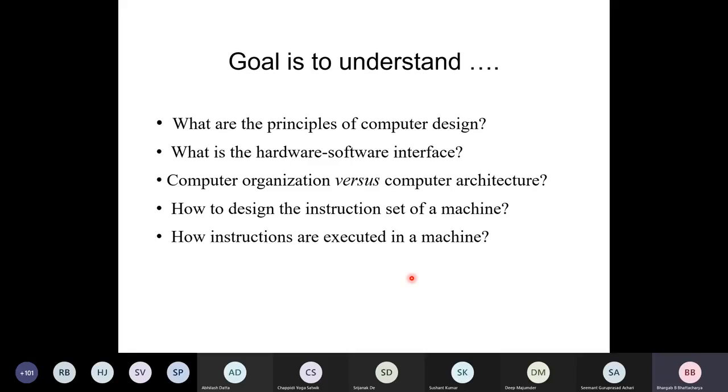So we encounter another fundamental question. Given an instruction set of the machine, like the assembly language instruction set, consider one instruction set, how will that instruction set be executed in the machine? How would the hardware beneath it understand the instruction set and execute it to perform the desired operation?